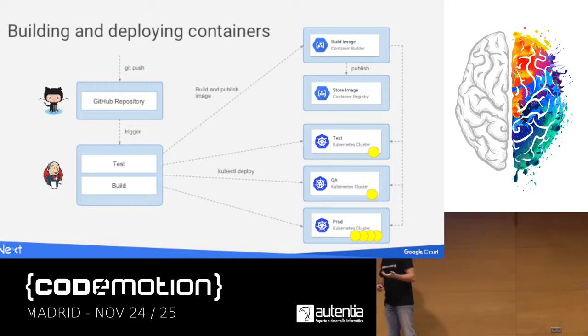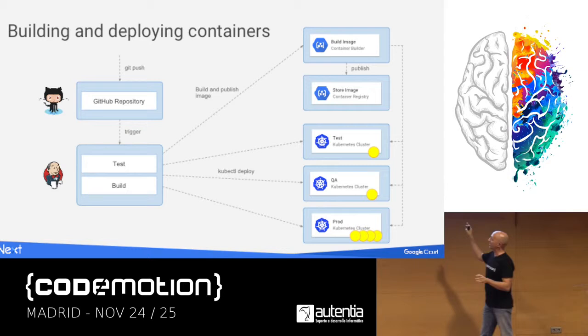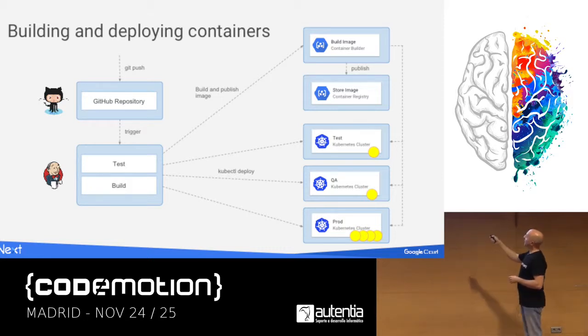So if I'm adding Kubernetes to the same diagram that we were working with before, code goes to a Git repository. Your continuous integration pipeline is going to be triggered, and I'm going to build a Docker image and publish it somewhere. Once done, the rest is just kubectl deploy.